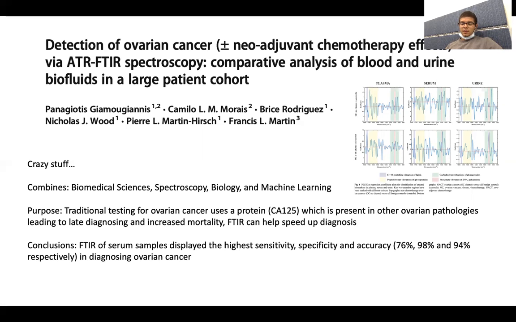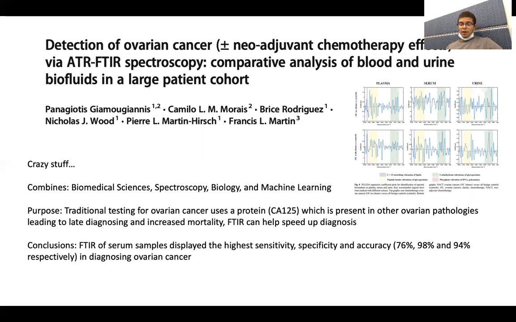But this protein also exists in benign ovarian pathologies or other pathologies like endometriosis. And so it becomes hard to differentiate between ovarian cancer and something else. So the scientists in this paper tried to solve that problem, or at least head in the right direction.